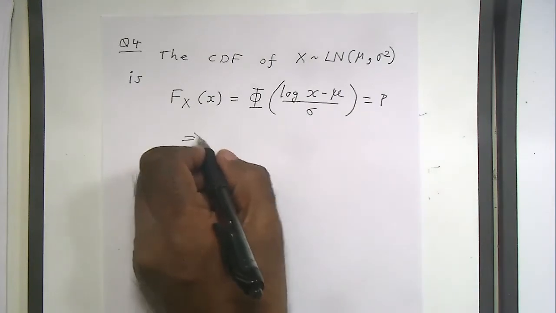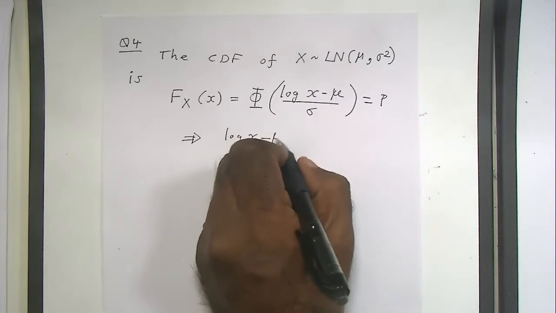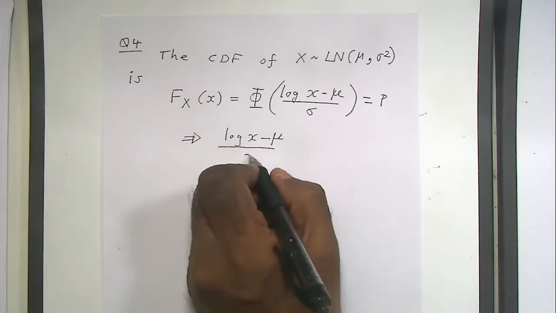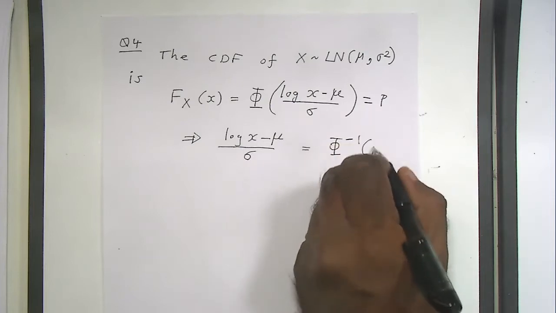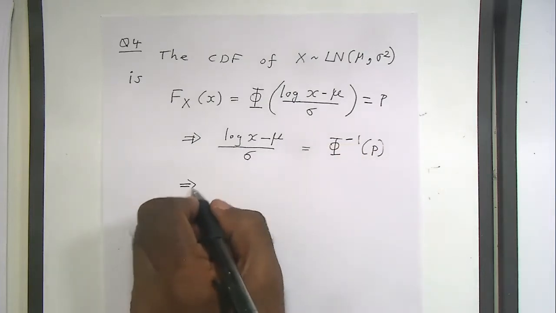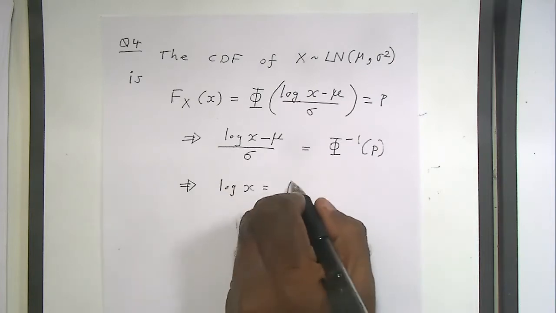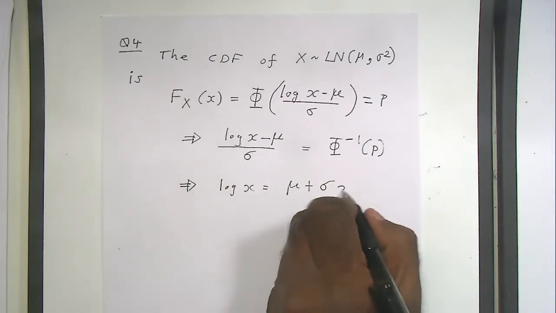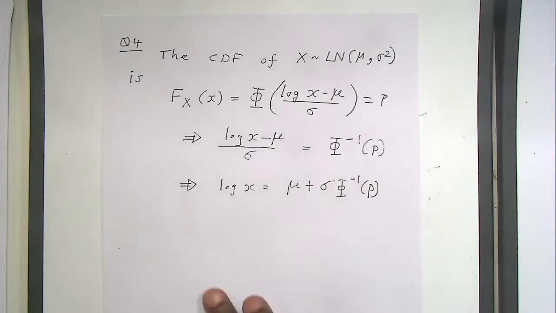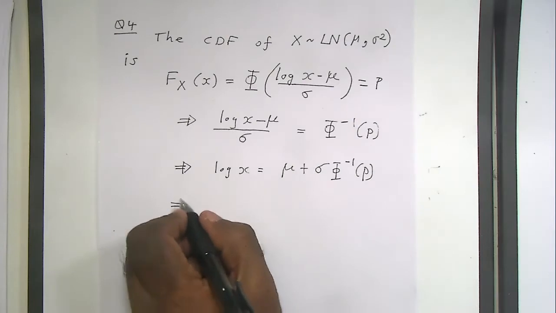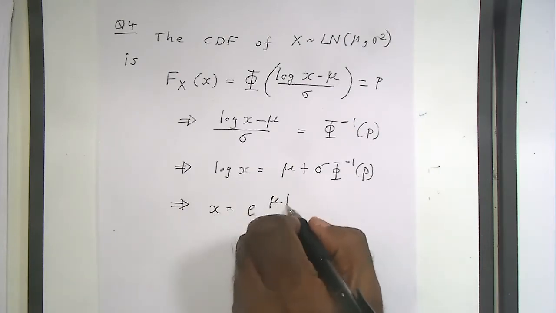So you get this, which implies that x is equal to exponential of mu plus sigma.